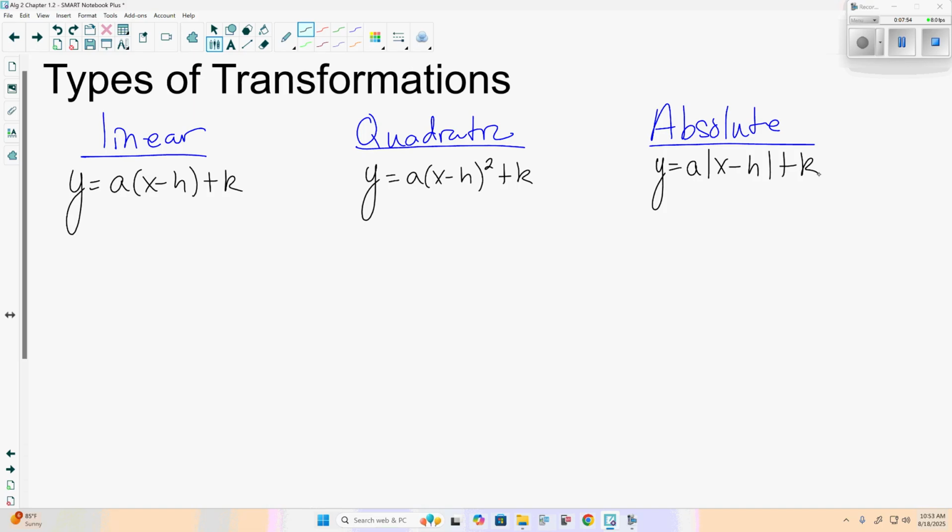If there's a value for h, we'll be able to tell what transformation that is, and the same for k. Being able to see these spots will tell us what kind of transformation is being applied to the function. And knowing the parent function and the transformation will tell us how the new graph should look, what should be happening to it.